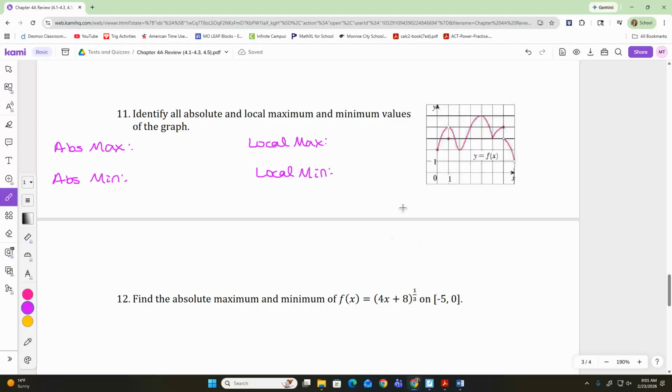Okay, so your absolute max is the highest on your entire graph, so that's happening right here. So we get 4, 5.